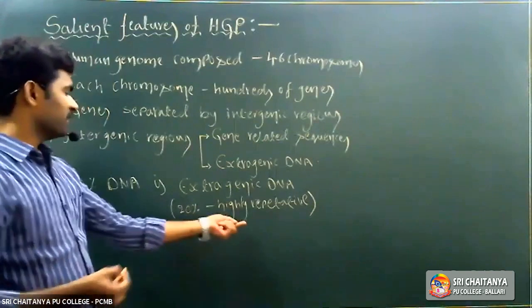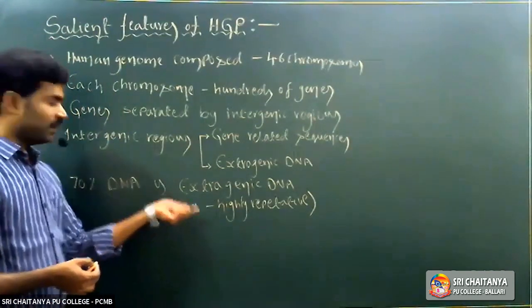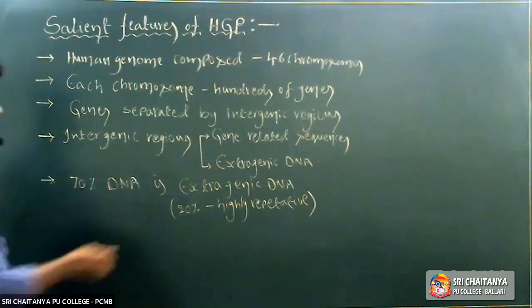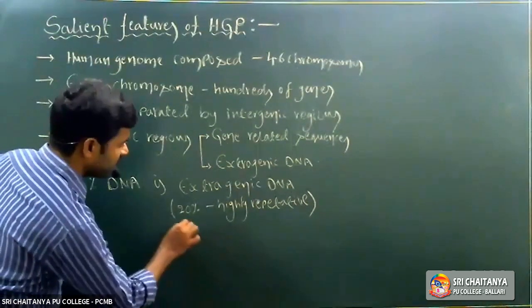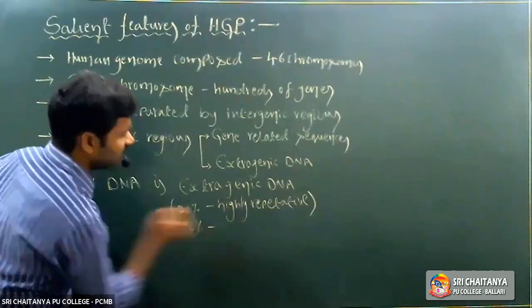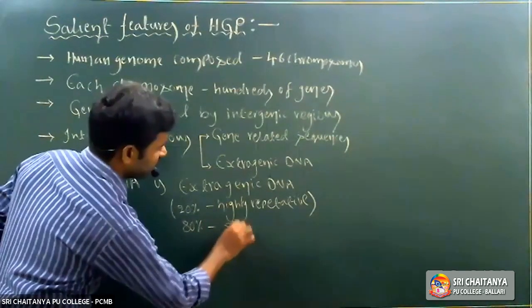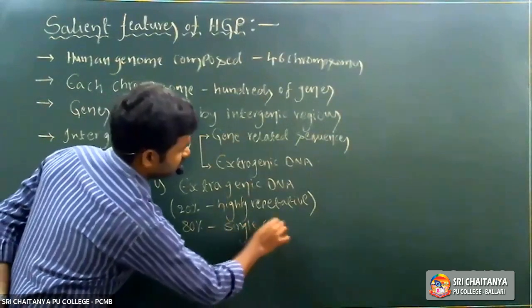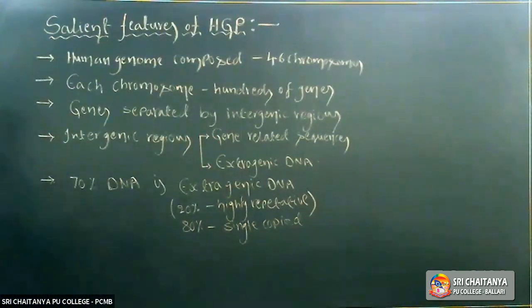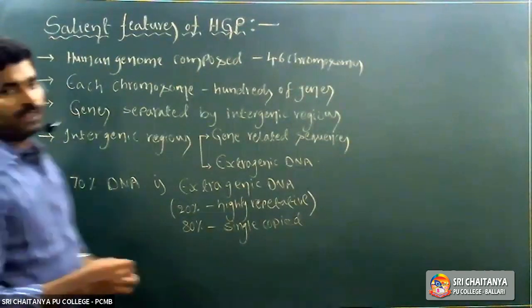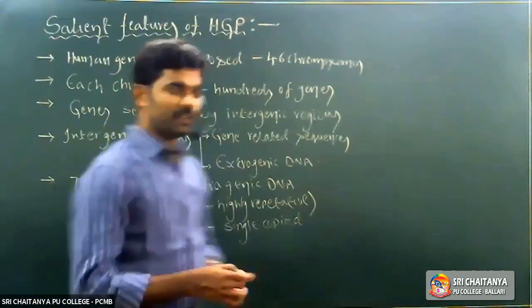So the repeated sequences are 20%. In that 70% extragenic DNA, it has 20% highly repetitive. And what about the remaining 80%? That 80% is single copied, right? In extragenic DNA, 20% is highly repetitive and 80% is single copied.